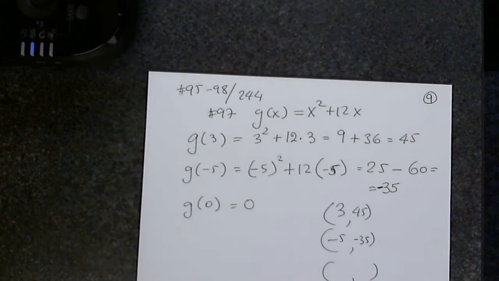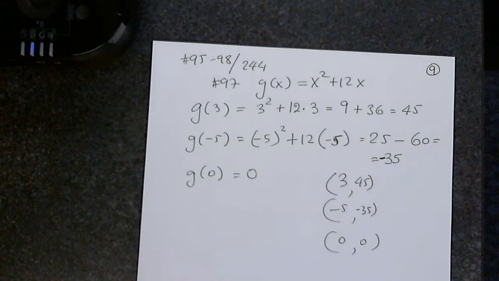Very good. And the last one. And if a function has a point that is 0, 0, what can we say about that function? That the function, excellent, the function passes through the origin. Perfect.